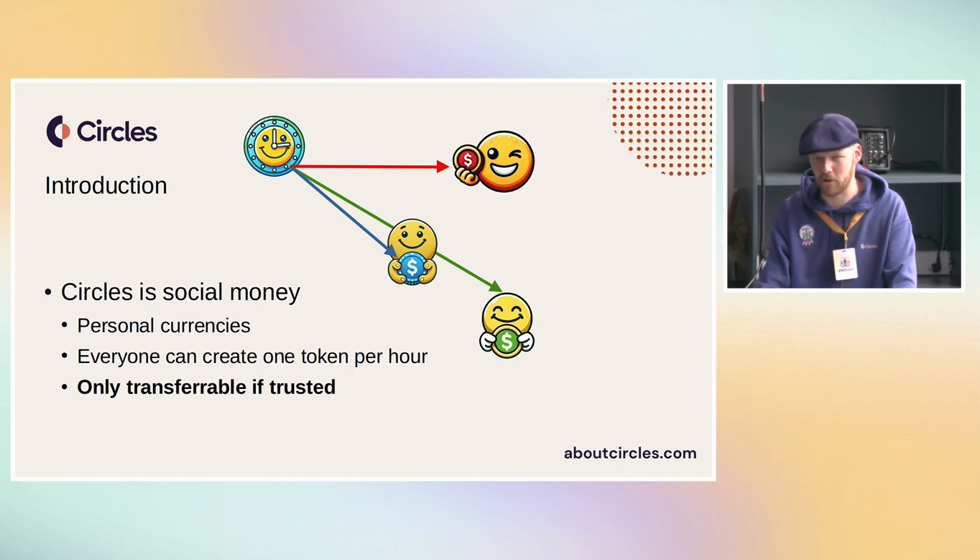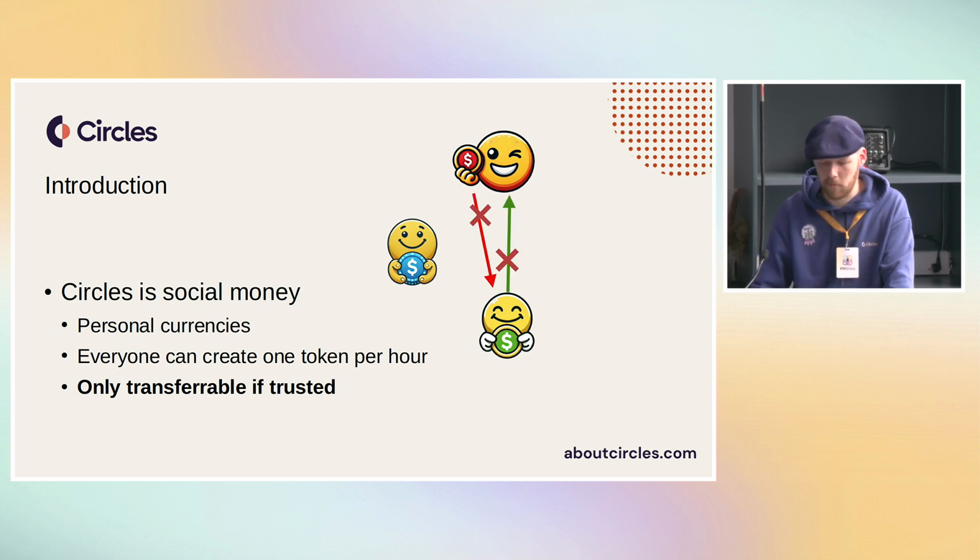And there's a catch, because if you can just sign up and create your own currency, a botnet can do the exact same thing, and you have a whole lot of counterfeit money. So transferring circles is limited to trusted entities. It means if you want to transfer your circles to someone and this person doesn't previously trust you, the transfer will not work.